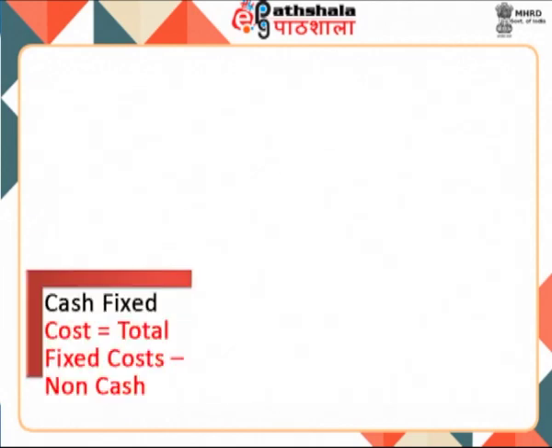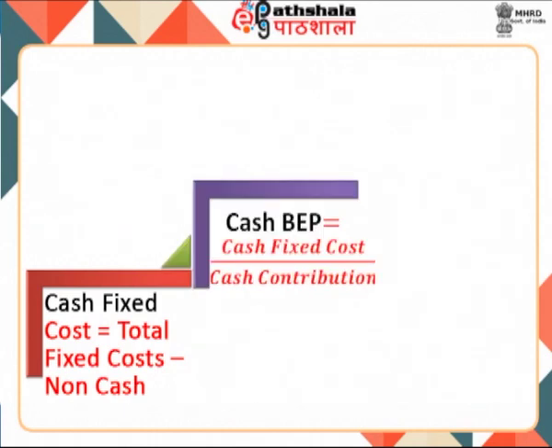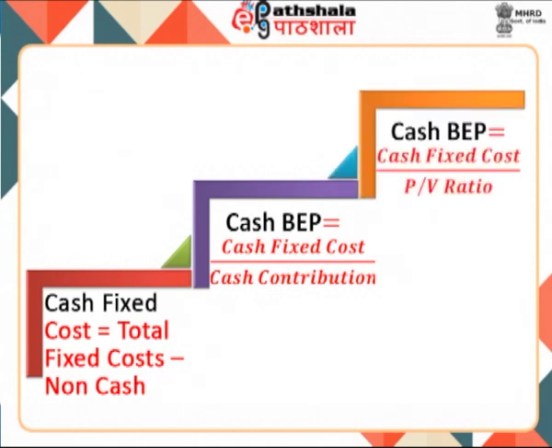Cash fixed cost is calculated by reducing non-cash cost from the total fixed cost. Step 2. Cash break-even point in unit can be calculated by dividing cash fixed cost by cash contribution per unit. Step 3. Cash break-even point in value can be calculated by dividing cash fixed cost by PV ratio.